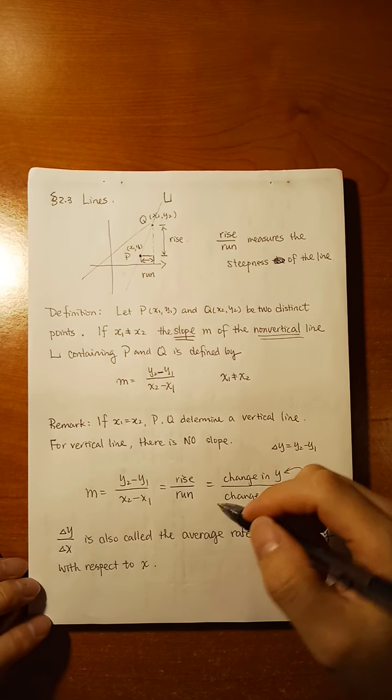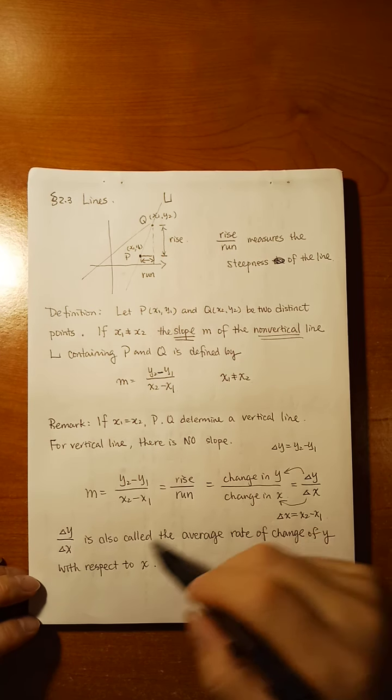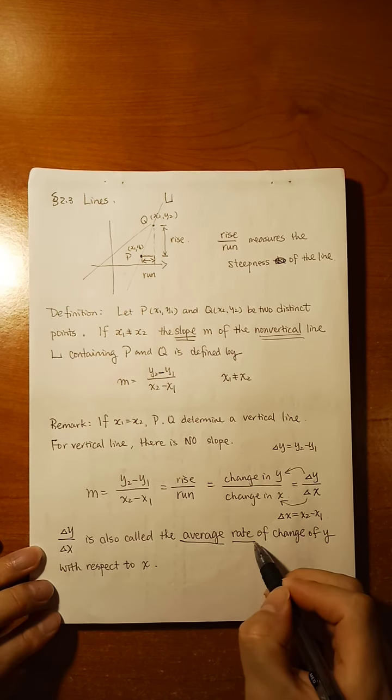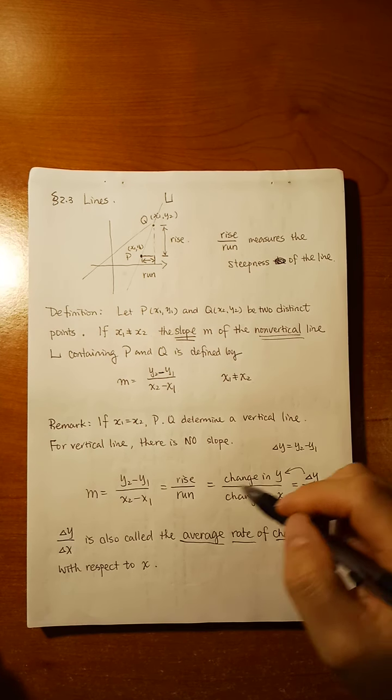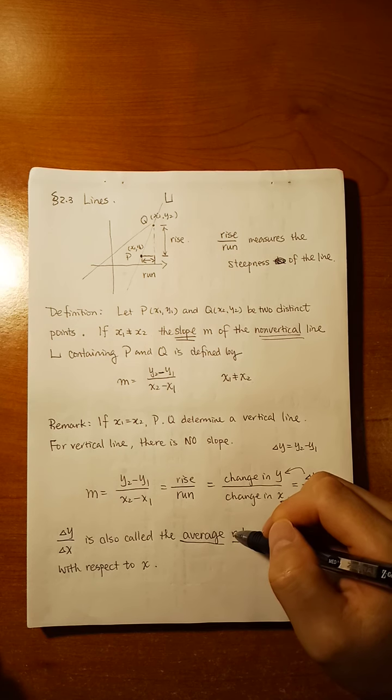Okay, so that's another name. What is a slope? Slope is the average rate of change. Slope is a change in y over change in x. Slope is a rise over run.